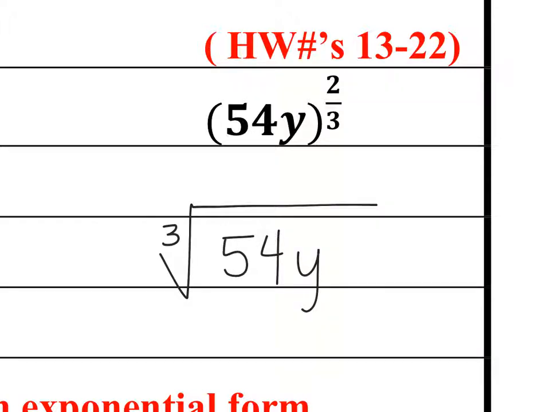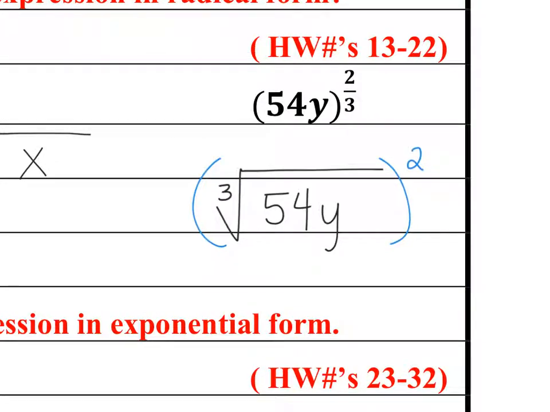Okay, since it's 54y, all of that to the 2nd power, on this problem, it makes more sense to do this. You could write it in parentheses in the radical squared, but that would just look kind of weird, and so this is probably a better way to leave it.